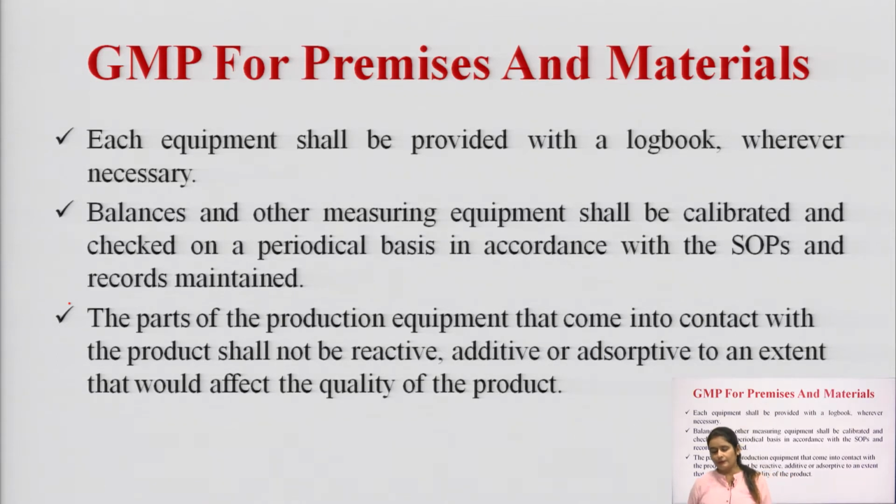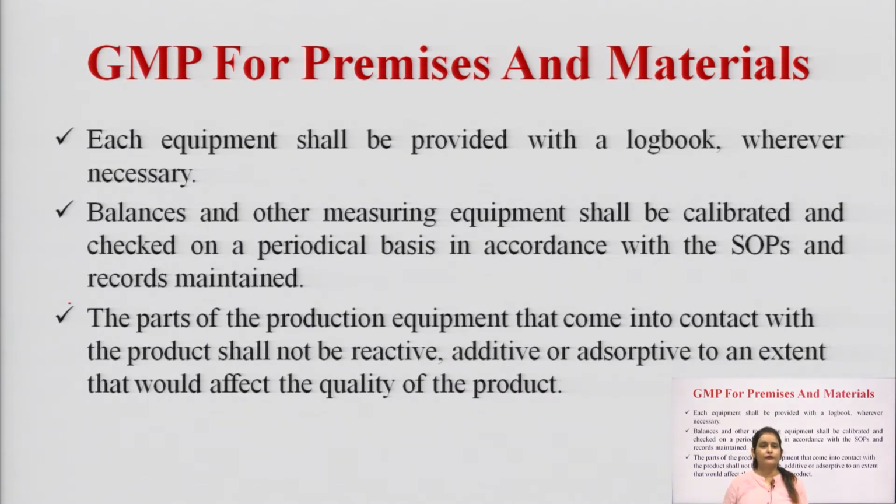The parts of the production equipment that come into contact with the product shall not be reactive, additive or adsorptive to an extent that would affect the quality of the product. So, whatever parts we use while installing the equipment, the equipment should be inert with respect to the ingredients we use for manufacturing any kind of product.